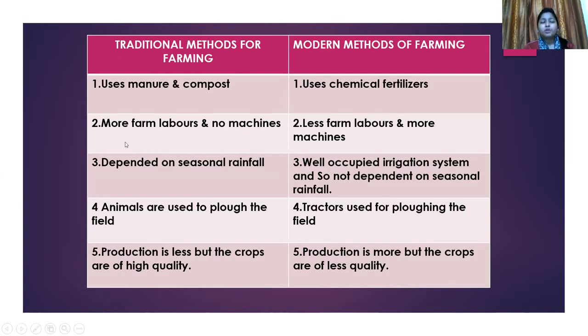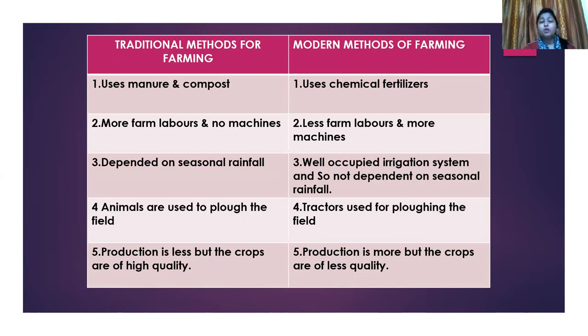Then we move on to the second difference: more farm laborers and no machines. That is why we are focusing upon labor intensive technique. And when we talk about less farm laborers and more machines, we focus on to capital intensive technique. Then we are dependent upon seasonal rainfall, or we may practice a normal irrigation system.